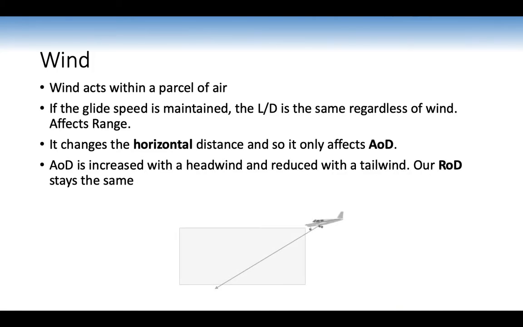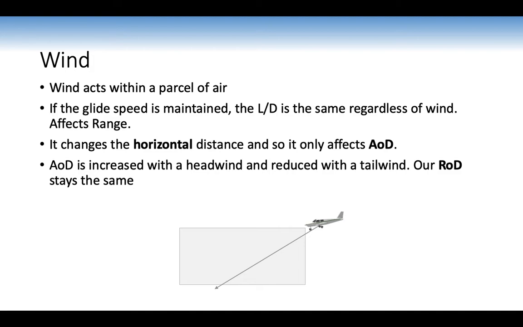And so wind acts within a parcel of air. If the glide speed is maintained, the lift to drag ratio is the same regardless of wind. So we'll still glide at 73 knots, but it affects our range. In a tailwind, our range increases, and in a headwind, it decreases. It changes the horizontal distance, and so it only affects our angle of descent.